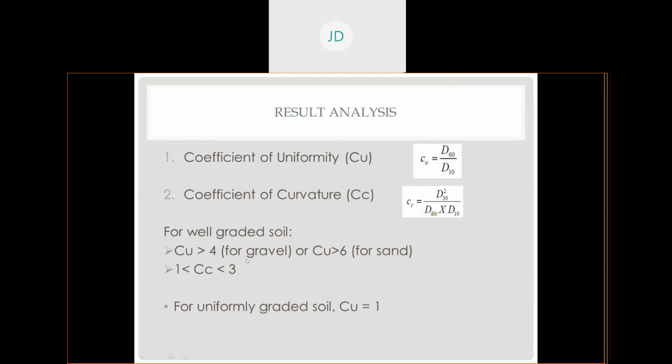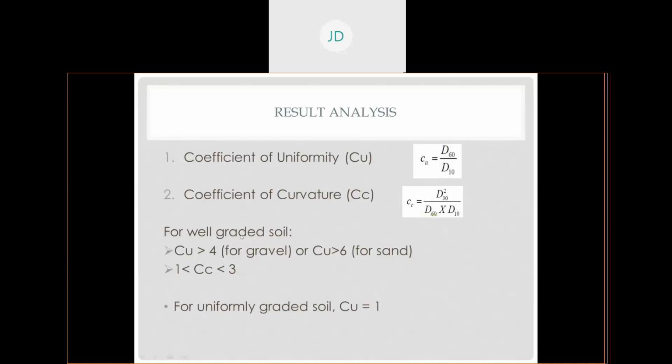Or if you are going for gravel, then it must be greater than 4. If this value is satisfied, then you can say this is a well-graded soil. But along with this, Cc, the coefficient of curvature, must also lie between 1 and 3.